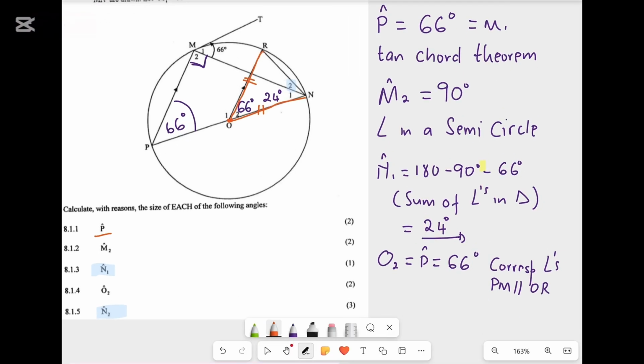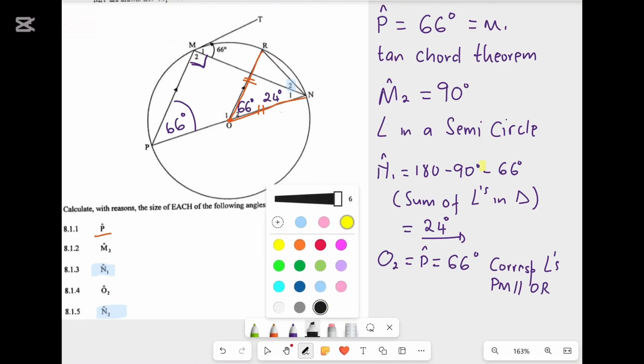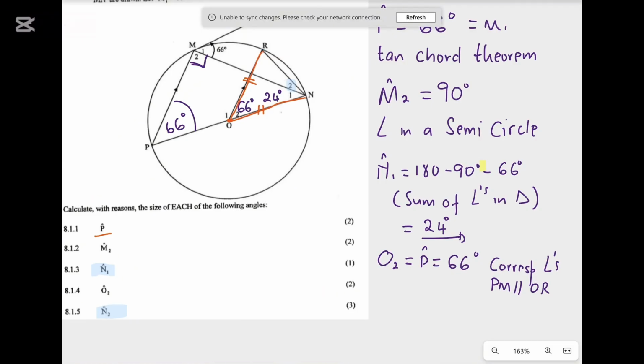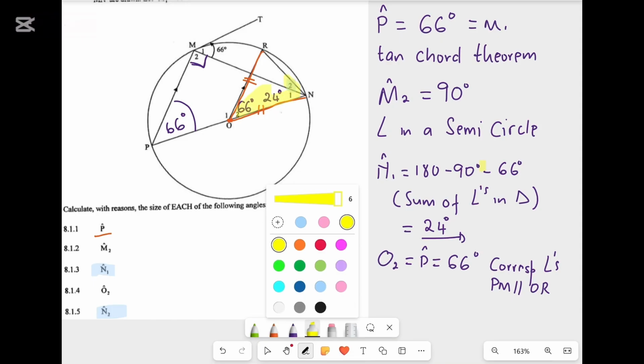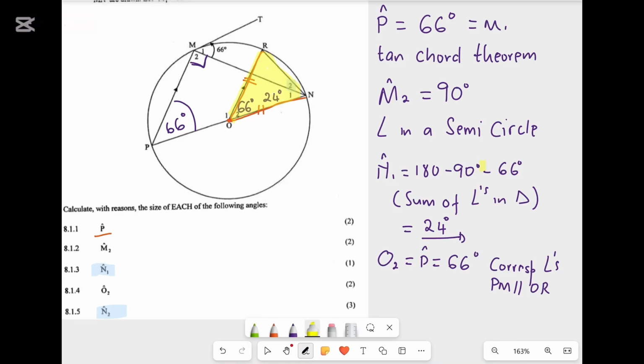Now we can see that we have an isosceles triangle. We can see that we have ONR as an isosceles triangle. So here is our isosceles triangle. So from this isosceles triangle, we can calculate the size of N as a whole. So we know that N is always equal to R in an isosceles triangle.